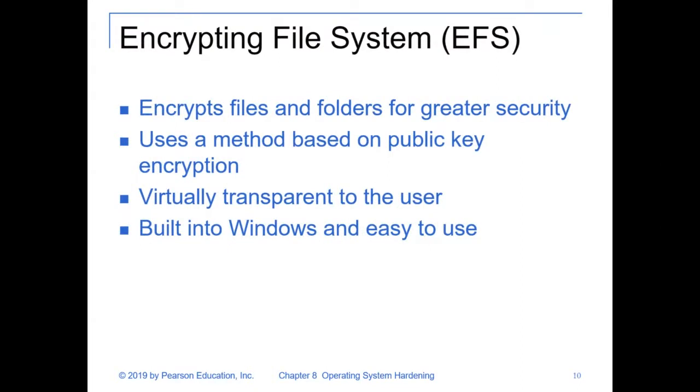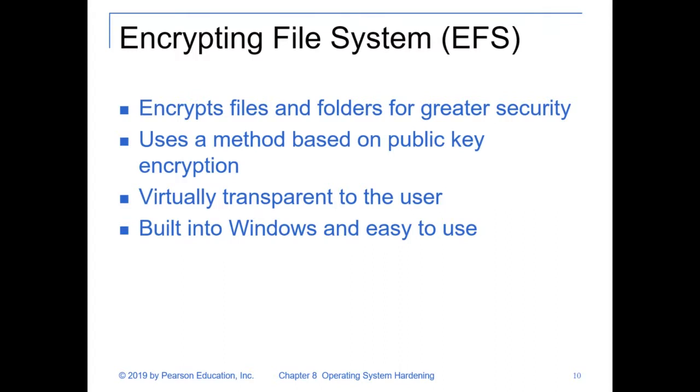The EFS encrypts your files and folders. So you can do this to improve your security. It uses a method based on public key encryption. While this is still going to exist on Windows 7, 8, and 10, in the later versions of Windows, the EFS is only going to be available on upper end editions of Windows, such as Windows Professional.